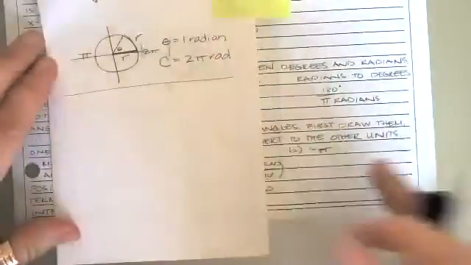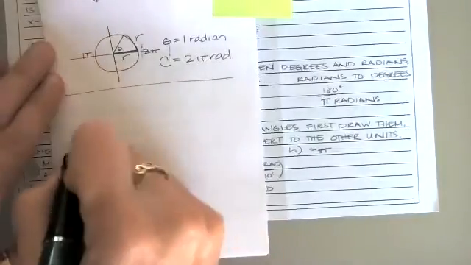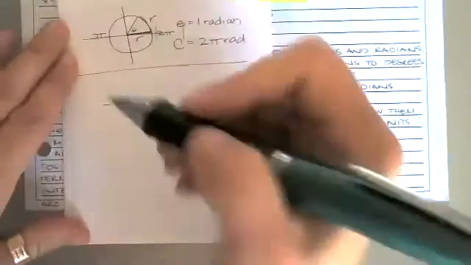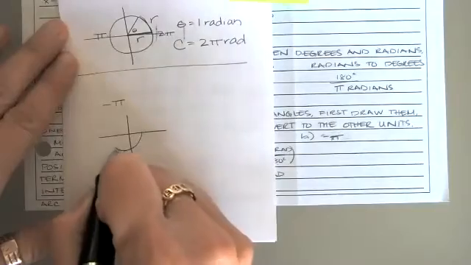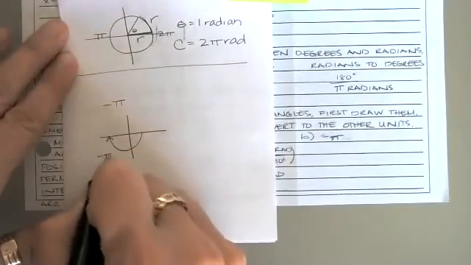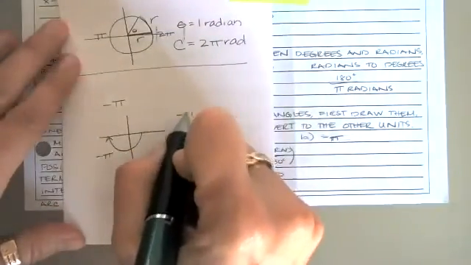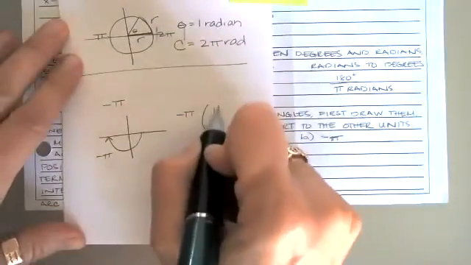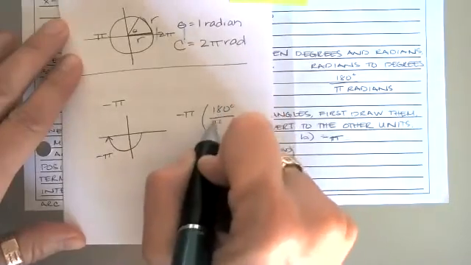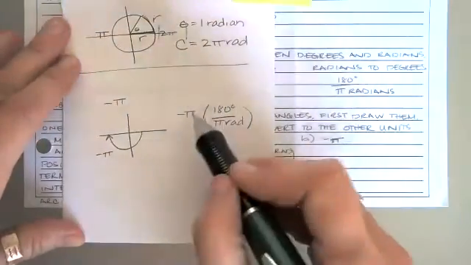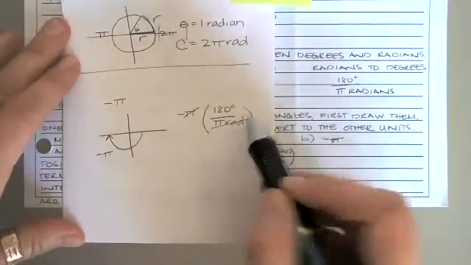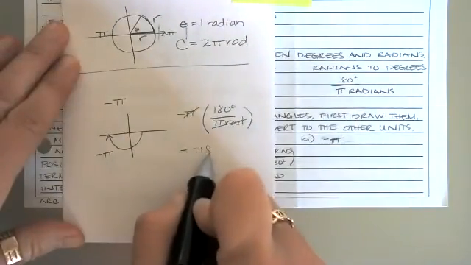Then the very last example, we've got negative pi here. So when I draw my angle, it's going to be this is negative pi. And if I want to turn that into degrees, then the pi cancels with the pi radians and I'm left with negative 180 degrees.